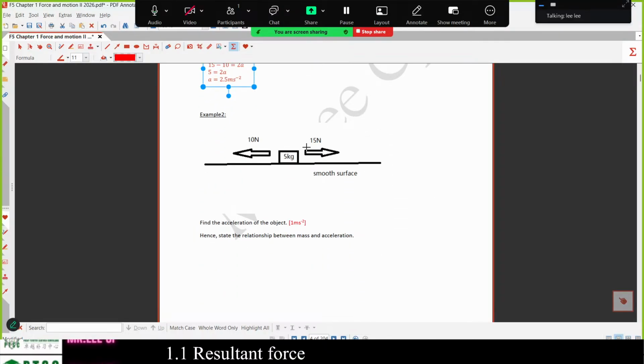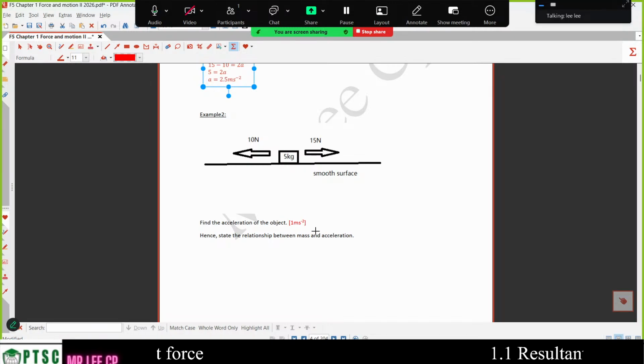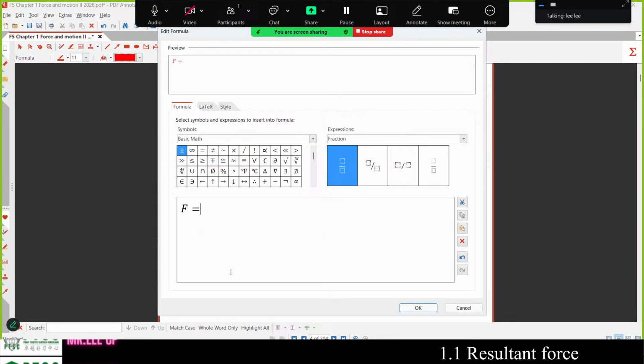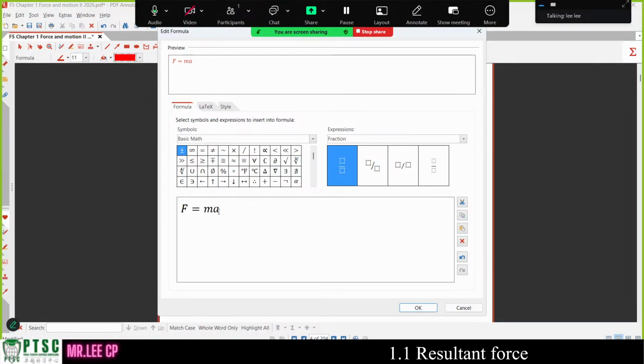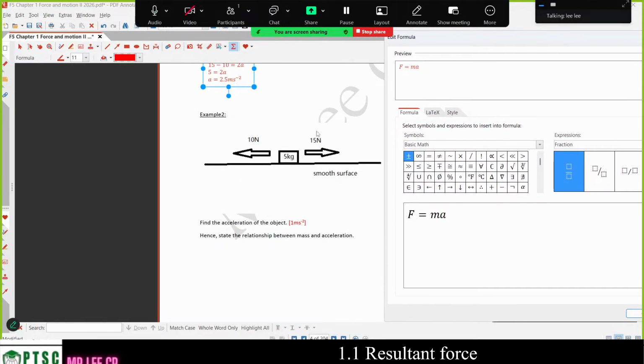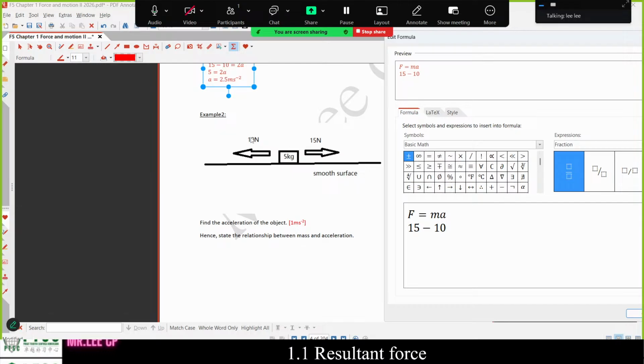So very easy. Now find the acceleration, hence state the relationship between the mass and acceleration. There are 2 questions here. First of all, F is equal to ma. I am not going to write resultant force here anymore, just F. F is 15 minus 10 is equal to ma.